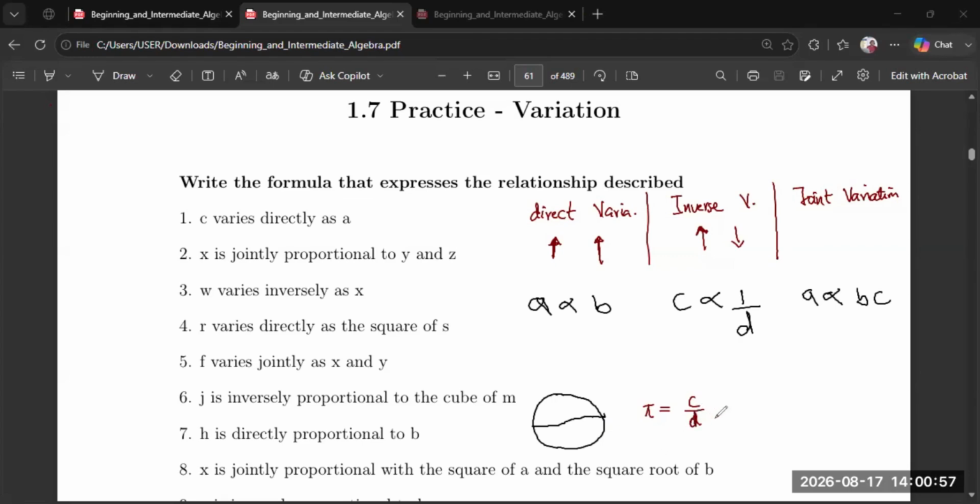So the value of pi is the approximate value, which is a constant. It never changes. So that gives us an understanding of what a constant is. And so we always want to have a constant in our equations.